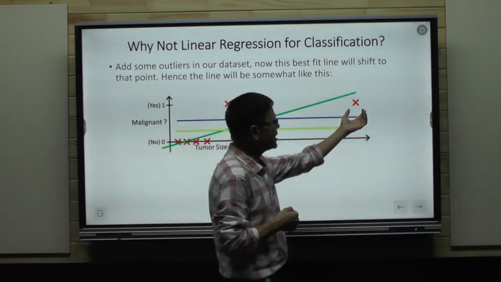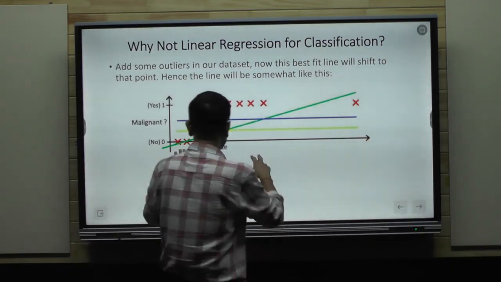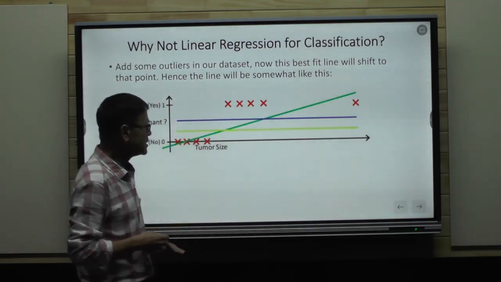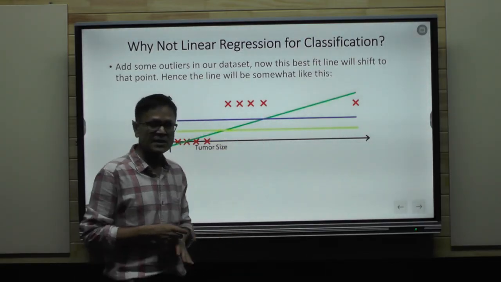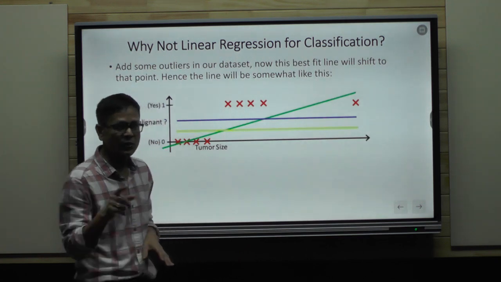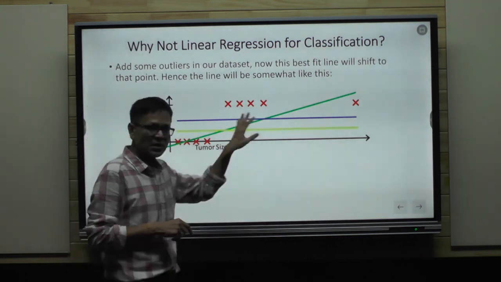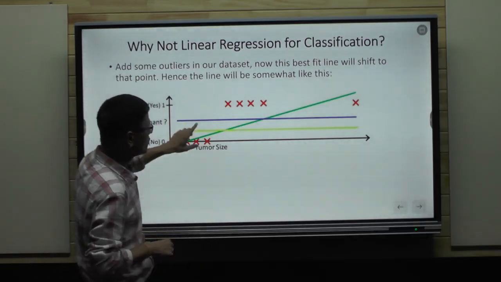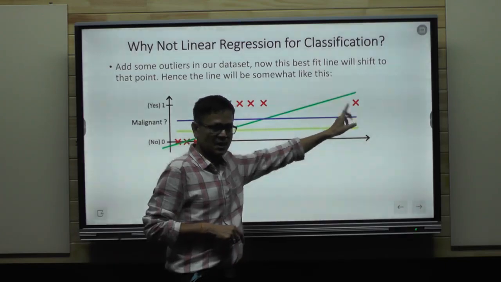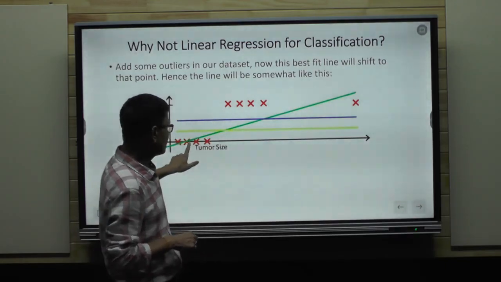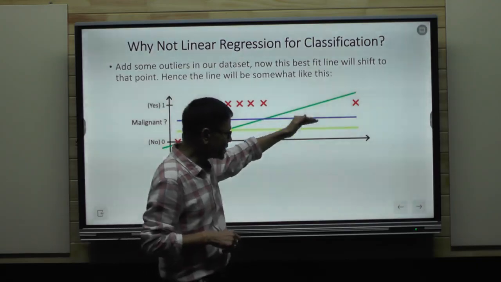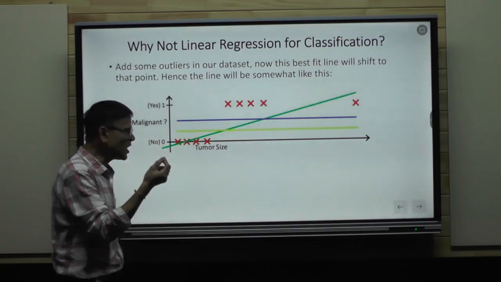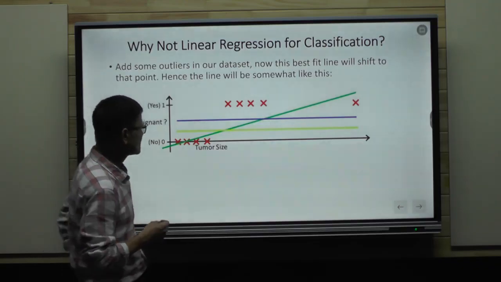Suppose the number of outliers is increased, then this line will become more flat. The equation of the line is y equals mx plus c, so the m value will decrease. Due to the potential outliers in the data set, we will have this line reach certain values which are just on the boundary of the thresholds.